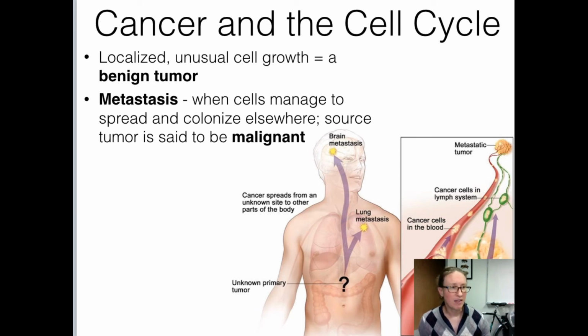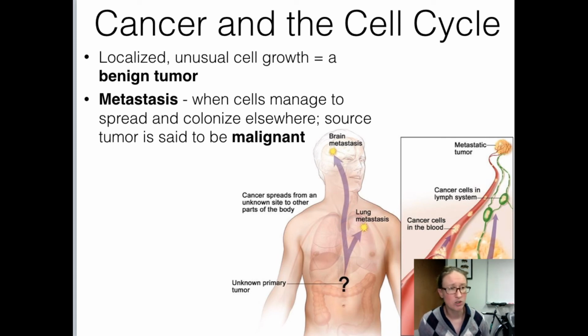So in some cases, that cell growth might be localized, and those cases are referred to as benign tumors, because those cells are going to keep dividing and dividing, and they might start to cause problems. If that happens somewhere in your abdomen, where you have cells dividing and not stopping, eventually you might get a mass of cells that start to physically interfere with organs.